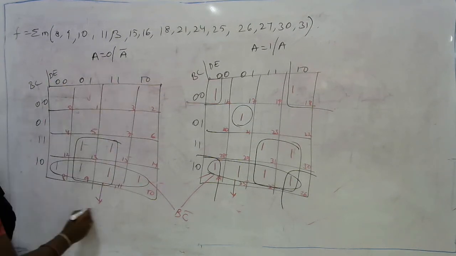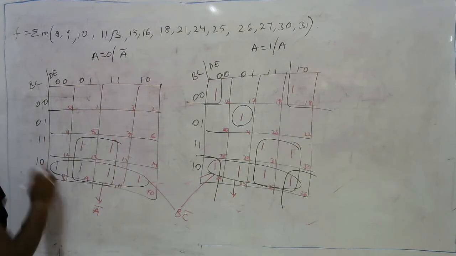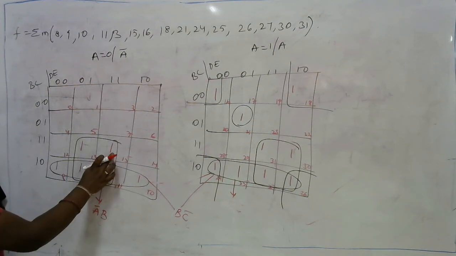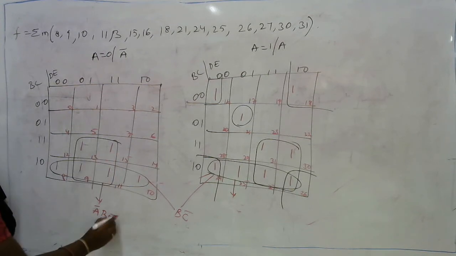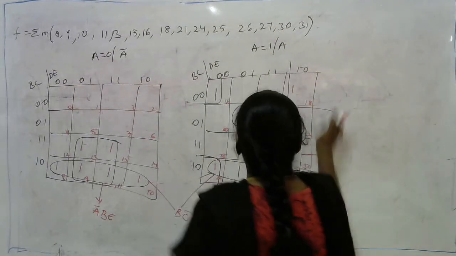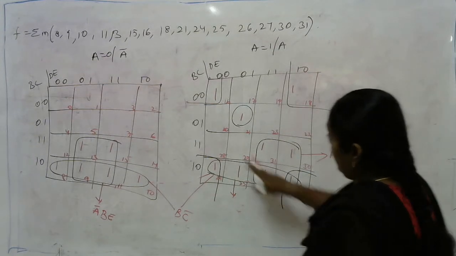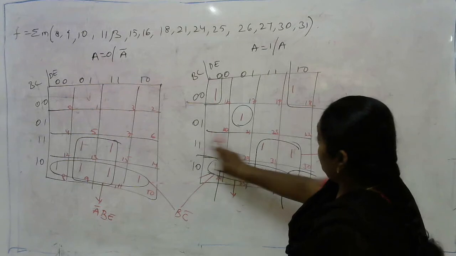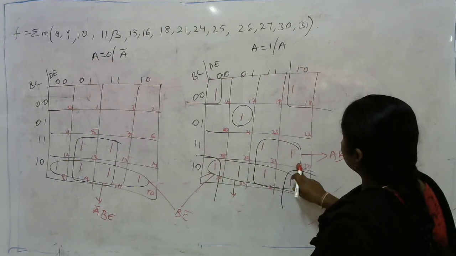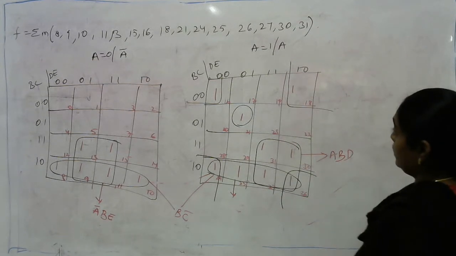So this K map has the most significant bit as A bar, and it is present in two different rows, that is B, and two different columns, which is nothing but D, E. D will be cancelled out, left over is E. So this quad is A bar B E. Similarly, for this one, it is related to only this K map, with the most significant bit as A. Here the complete two rows are related to B, and the columns are D and E, but E will be cancelled out, left over with only D.